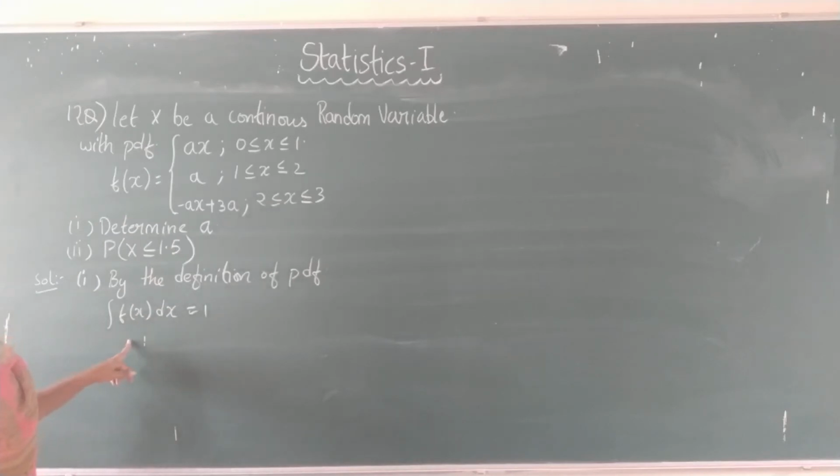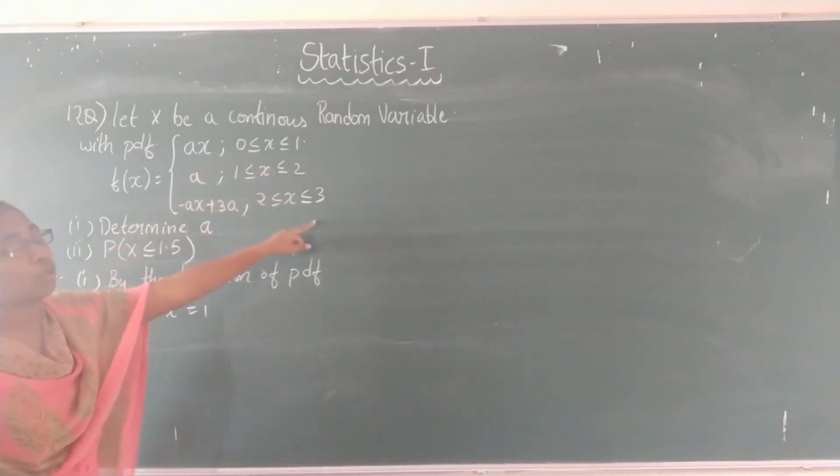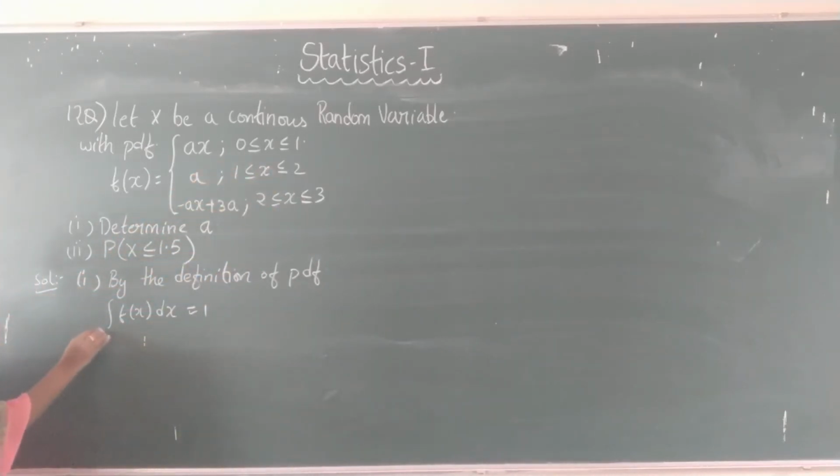What are the total limits here? From 0 to 3. So from 0 to 3, f of x dx should be equal to 1. So now consider this one. From 0 to 3 means it lies between 0 to 1, 1 to 2 and 2 to 3. You will be having 3 limits.